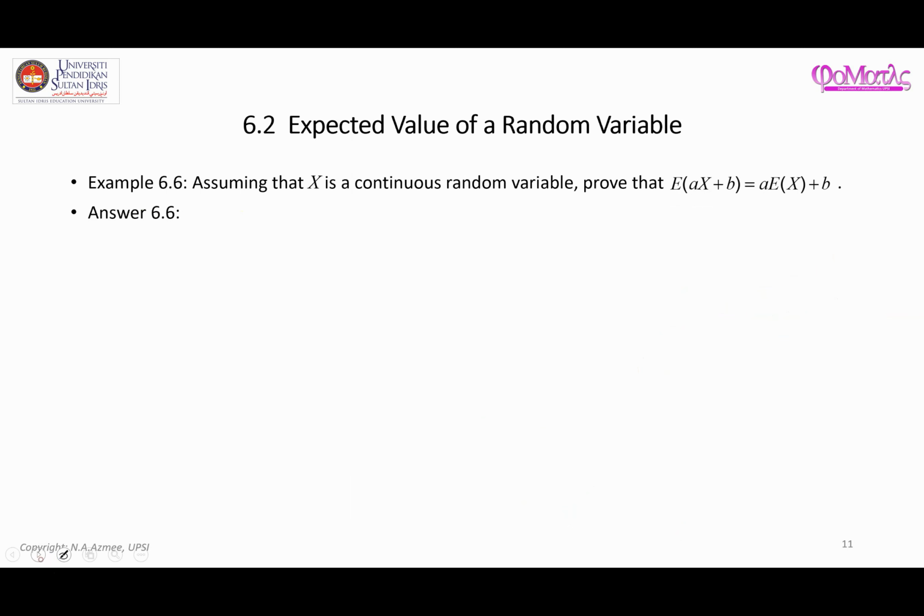Next, I'm going to prove that this is indeed the result. Let's say we have a continuous random variable X. How can we prove that the statement given here is true? First of all, if it is a continuous random variable, we know that we have to resort to the integration process.